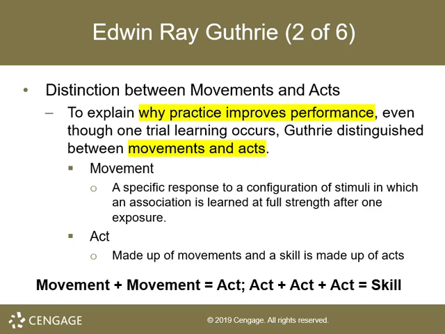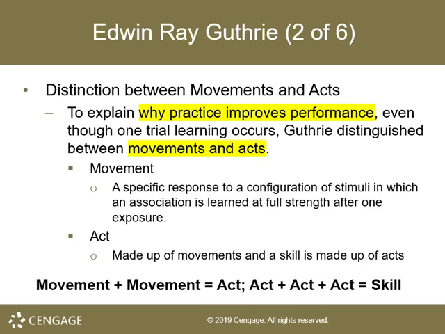First, a movement. A movement is a specific response to a configuration of stimuli in which an association is learned at full strength after one exposure. So a specific response to a configuration or arrangement of stimuli in the environment, in which one learns an association. Then we have the act, made up of movements, and a skill is made up of acts.